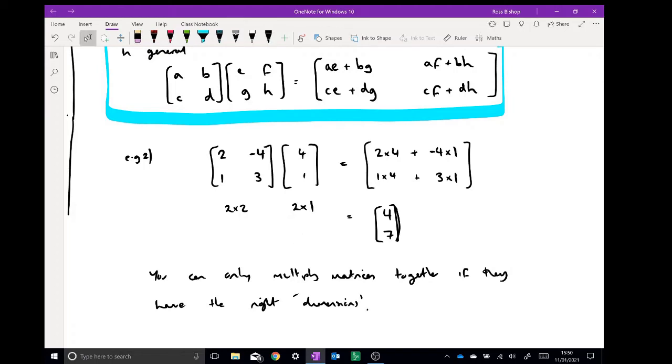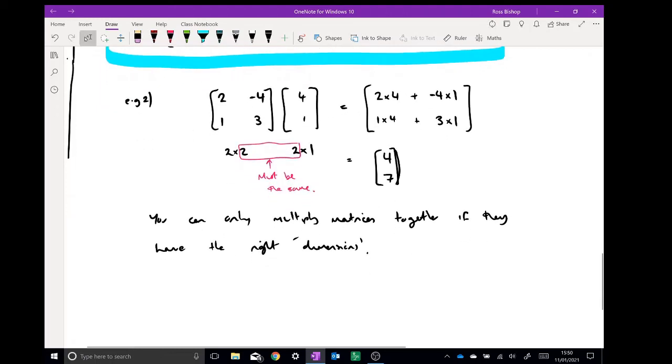Now, what I mean by the right dimensions is these two values must be the same. Okay. So, for example, we cannot, or we can't in this case, multiply 4, 1 by 2.